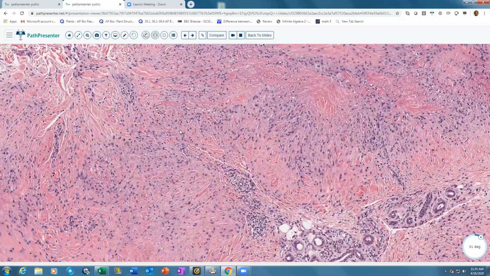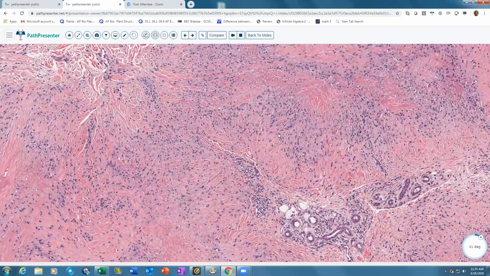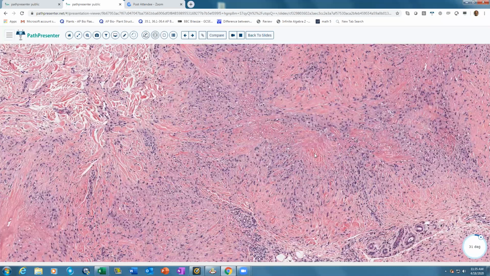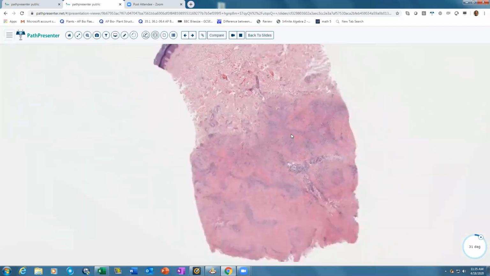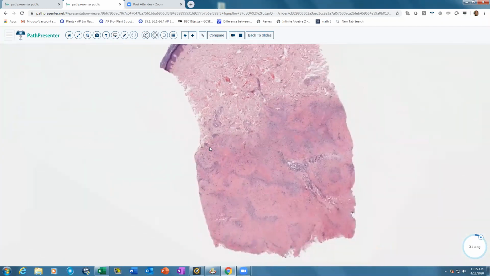Eosinophils are usually absent. And then you see this eosinophilic necrotic fibrinoid change within the palisade, which is very characteristic of rheumatoid nodule. The rheumatoid nodule tends to usually be in the lower part of the dermis. So you see this palisaded granuloma in the lower part of the dermis.